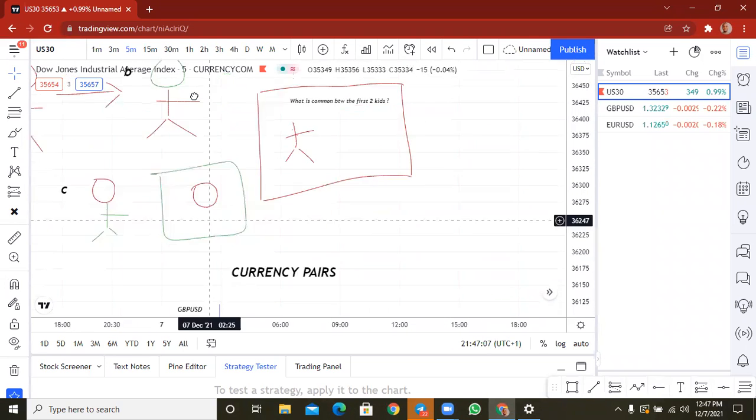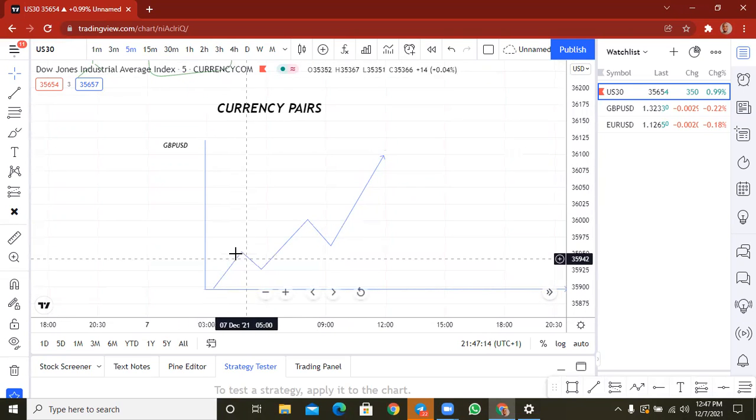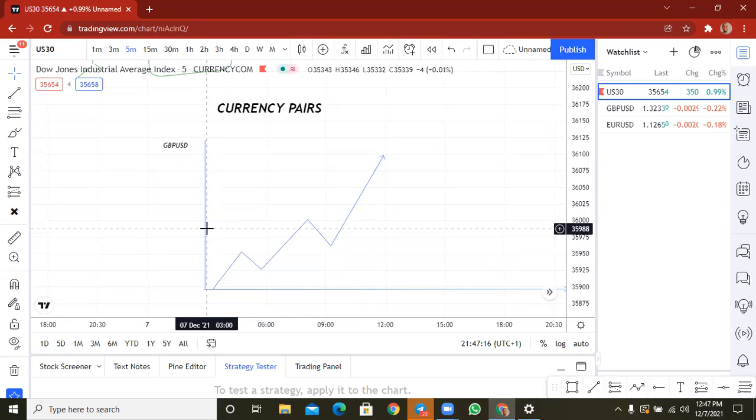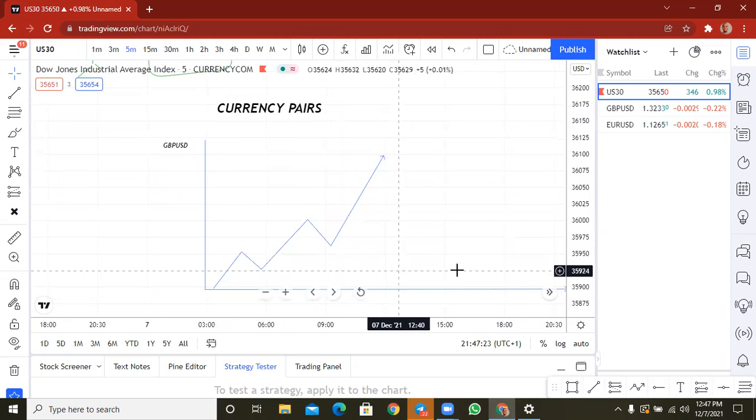So if I'm looking at the GBP USD, I'm trying to see what prices have done, like the value. Forget about the word prices right now. Let's focus on the word value. The value of the pounds has been increasing over time.